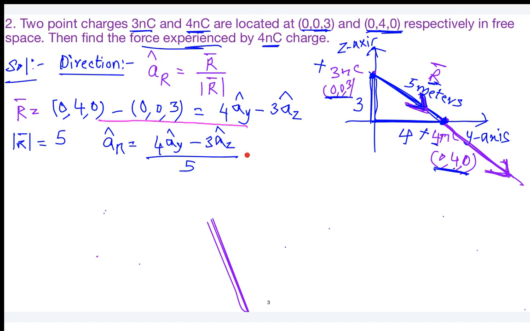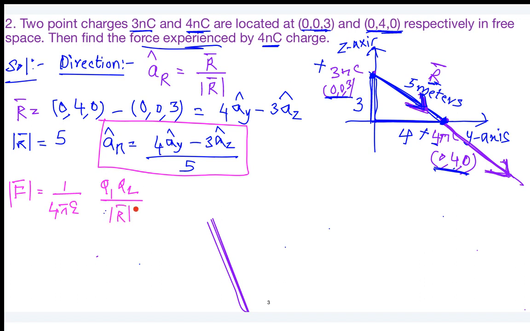Since the charges are located in free space, the epsilon value will be 1 over 36 pi into 10 power minus 9, into q1 q2 values, which you can substitute, 3 into 10 power minus 9 into 4 into 10 power minus 9, divided by r square, which will be 25. So please solve that and finally tell me the answer. What is the value?